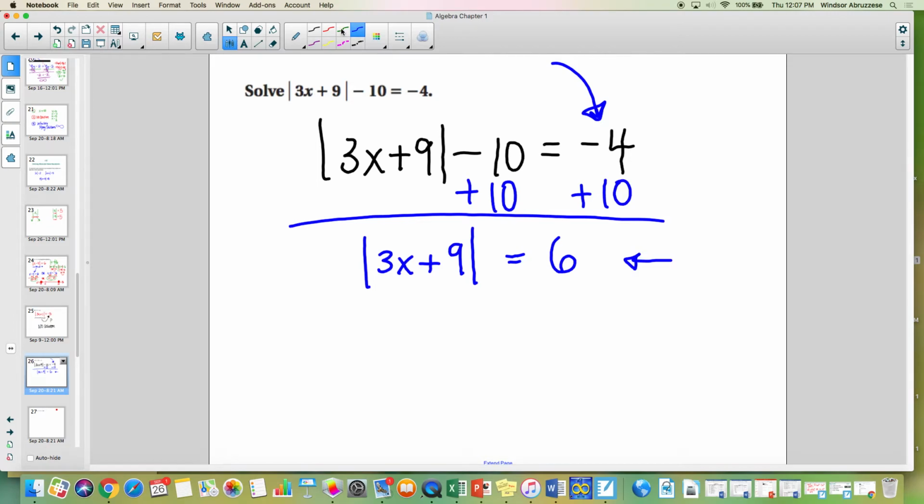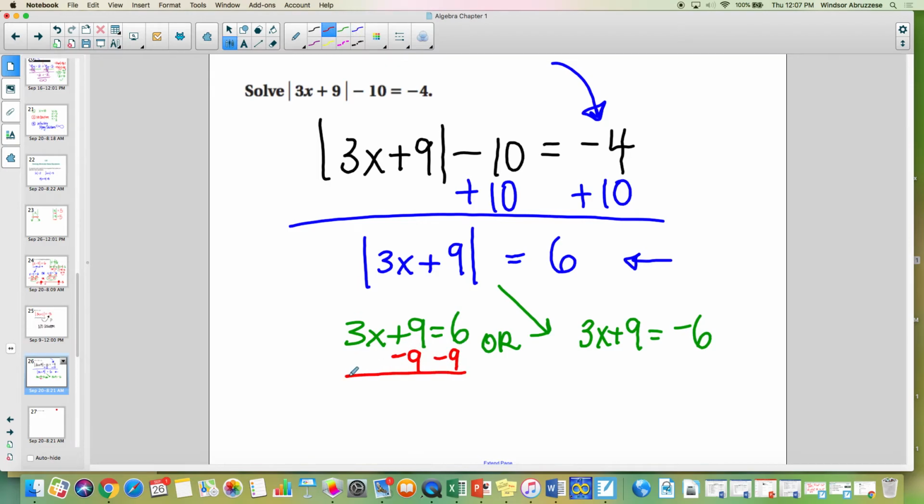So again, this problem is absolute value. 3x plus 9 could equal negative 6, or 3x plus 9 could equal positive 6. There's two situations that will be true. So you're going to solve the equations the same way. Minus 9, 3x equals negative 3.